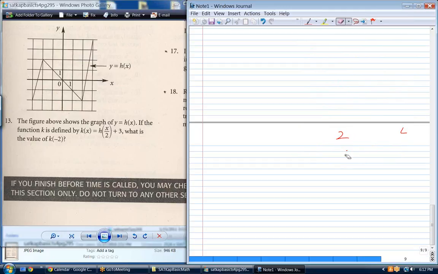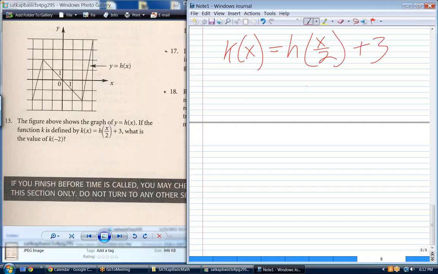Okay. So if k of x is equal to h of x over 2 plus 3, what is the value of k of minus 2? Well, if k of x equals h of x over 2 plus 3, tell me what k of minus 2 equals.